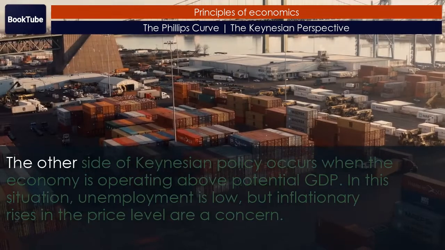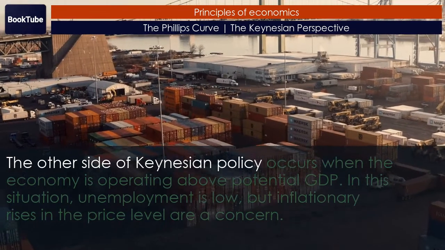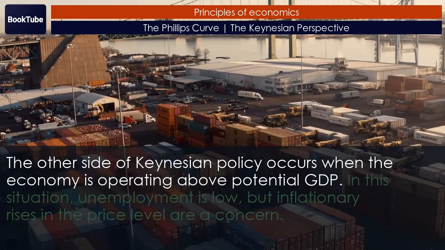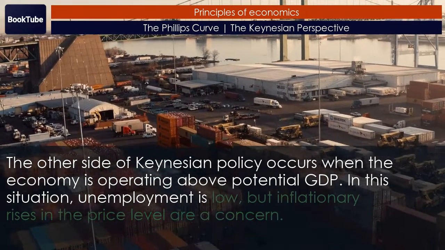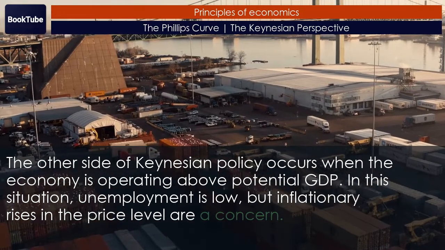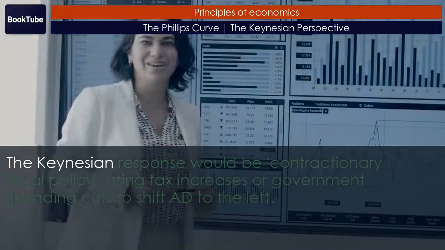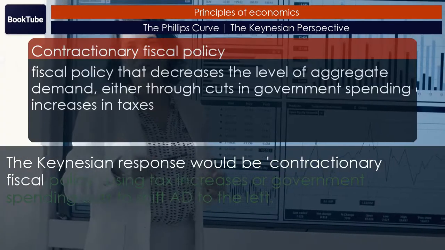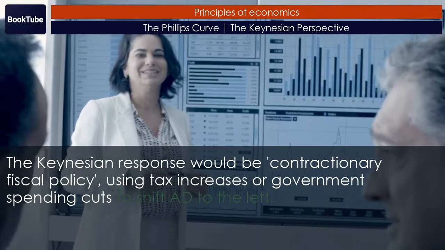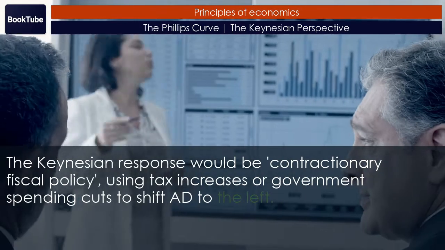The other side of Keynesian policy occurs when the economy is operating above potential GDP. In this situation, unemployment is low, but inflationary rises in the price level are a concern. The Keynesian response would be contractionary fiscal policy, using tax increases or government spending cuts to shift AD to the left.